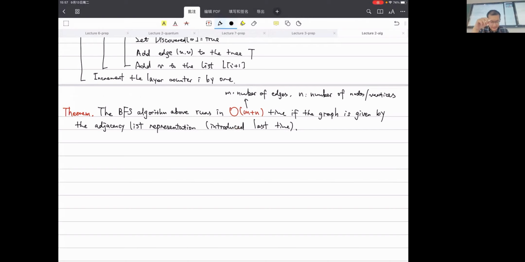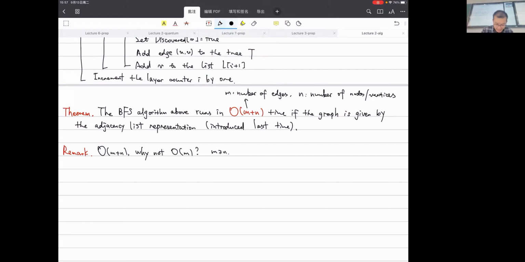But I think one thing that we want to give early is a remark here. Some students may have the question: I read O(M plus N) here, so why not O(M)? Typically we in general have M larger than N, so this looks a little bit weird.